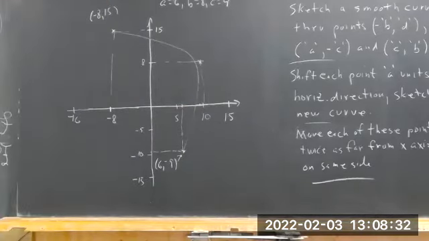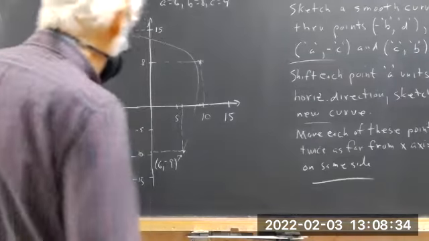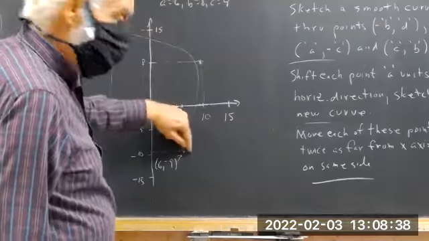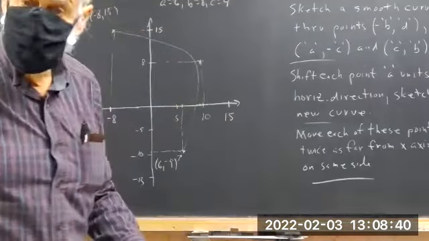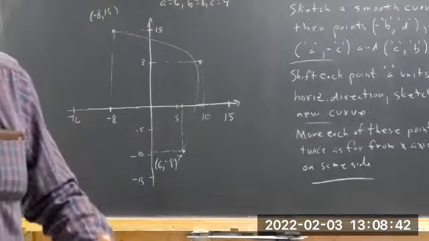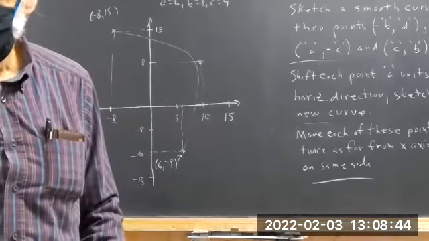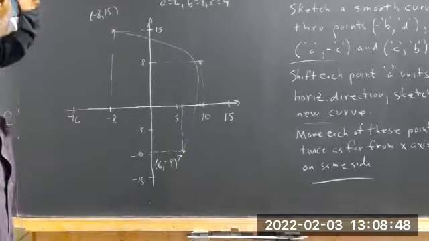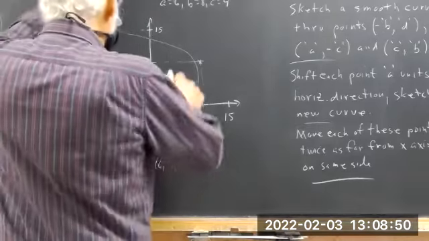Vertical line test. Or if you say, what's the value of this function when x equals 7? Well, it's either this or this. You can't have an either or. It's got to have a value. You can't have two values. Okay? Which is why you have the vertical line test. So this is not a function.